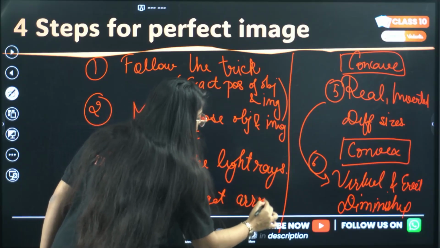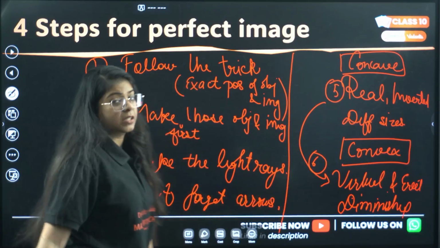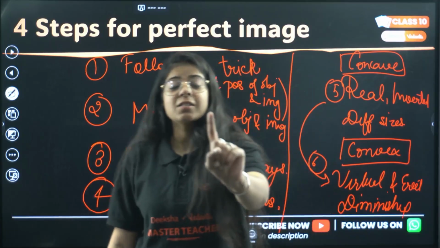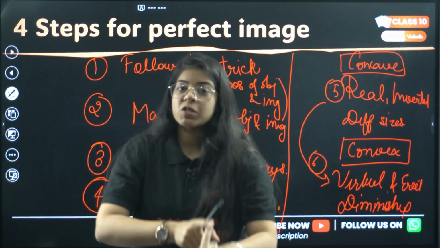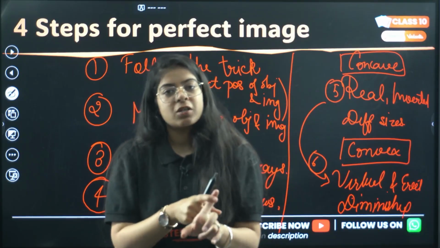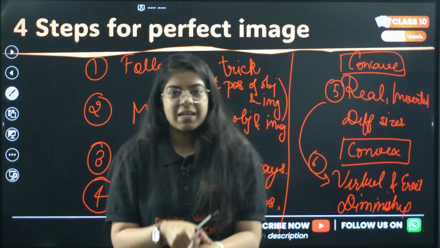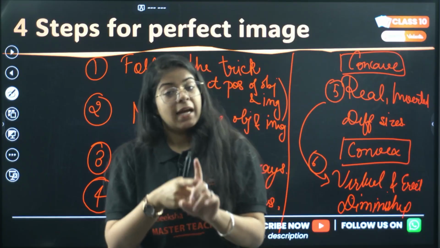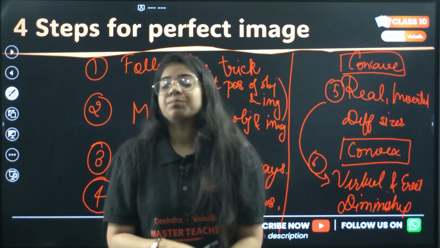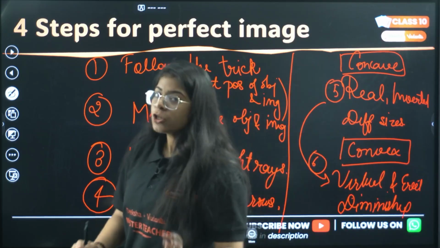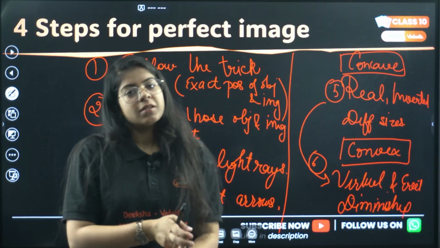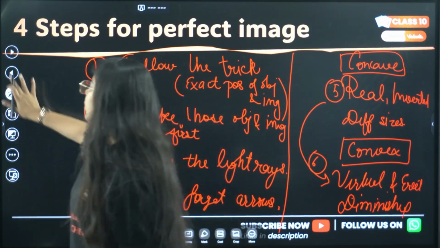Okay, so now you know 4 steps. First, you follow the trick. What will this trick tell you? The position of object and image. Then make that object and image on the principal axis with your mirror. Then third step is, you need to make those light rays now. That I'll show you how to. And then fourth step is to never forget the arrows.